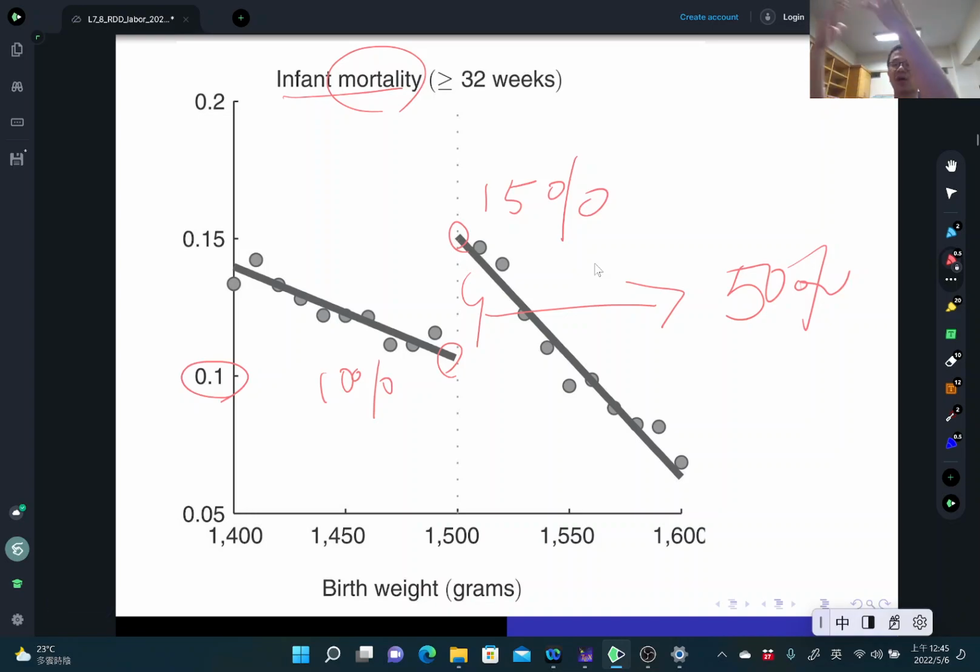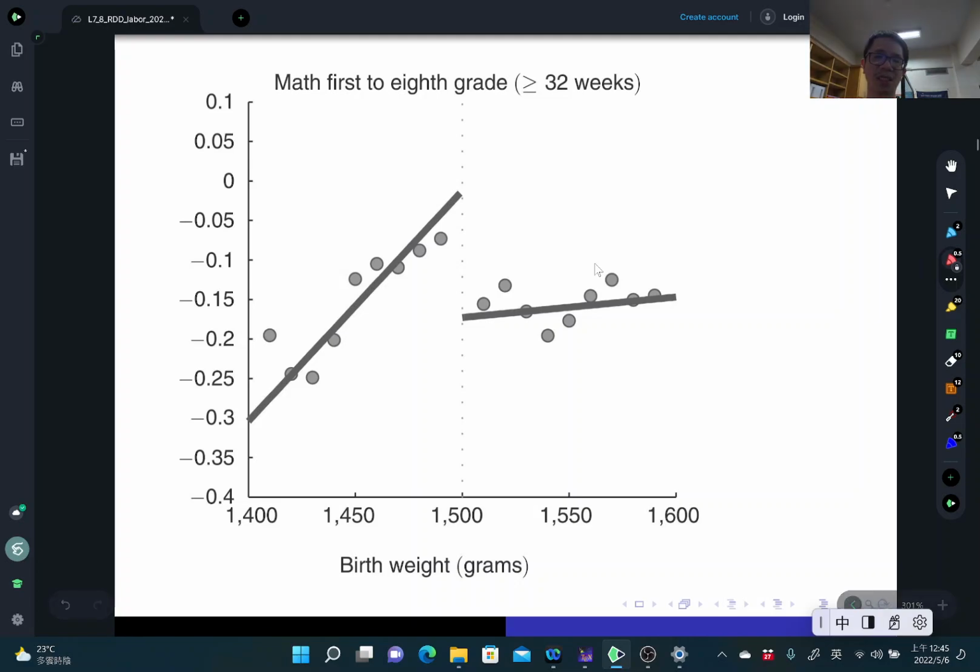From 10% jumping to 15%, that's a 50% increase compared to the baseline. And a more interesting thing is this also affects their math score when they are in junior high school. Those who receive additional health care have higher math grades in junior high school compared to those who receive less.